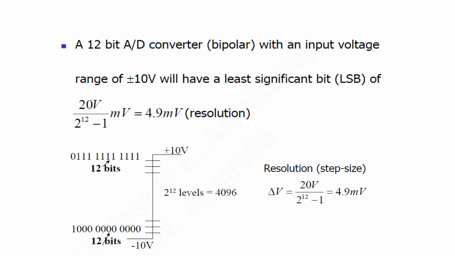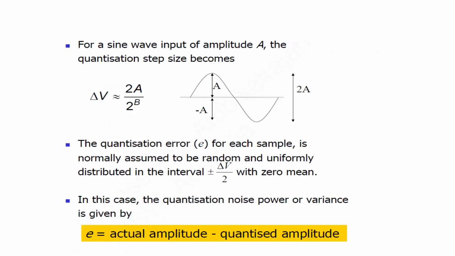Every sampled value, after going through the process of sample and hold, quantization and coding, will give a 12-bit output. And the resolution, as I have already explained, or the step size is 4.9 millivolts for this particular example.